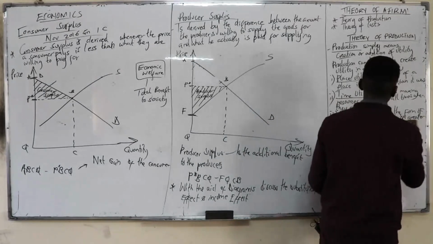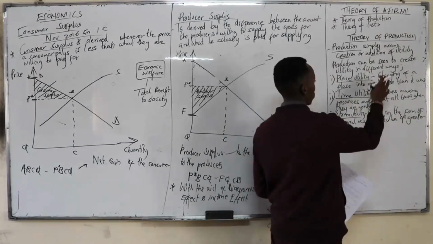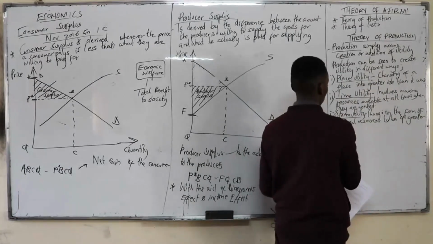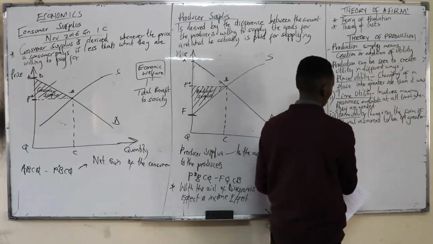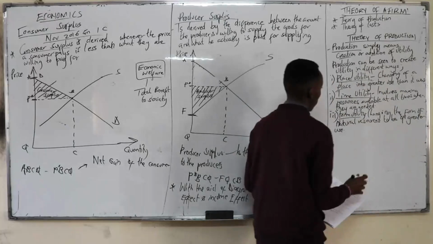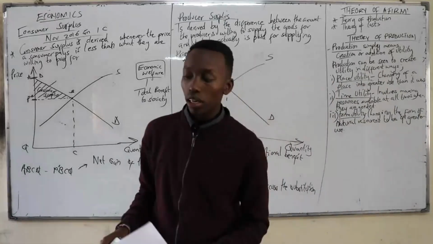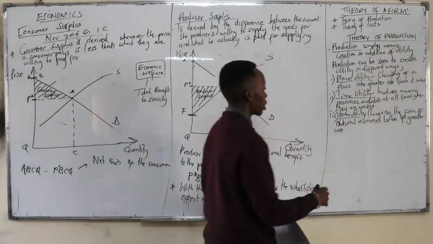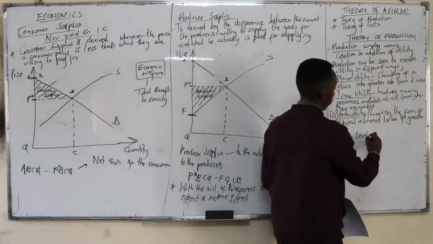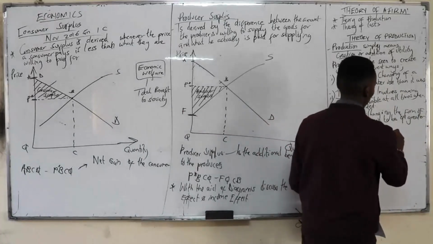Remember, utility is that aspect of trying to satisfy human needs, or the level of satisfaction gotten from this greater use. So the levels of production can be categorized.